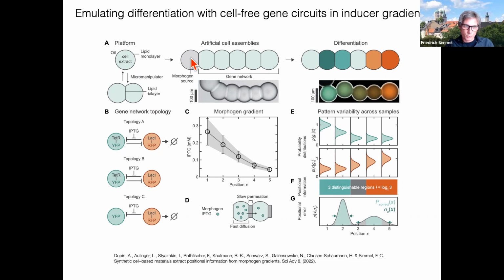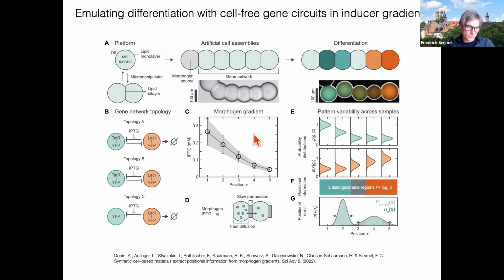So in the neighborhood of that droplet, we should have a blue color in this color coding. And when there is a low concentration of IPTG, then LUC-I would repress TET-R, and therefore TET-R would not repress LUC-I, and we have an RFP signal. So remote from the morphogen source, we would expect a red color.